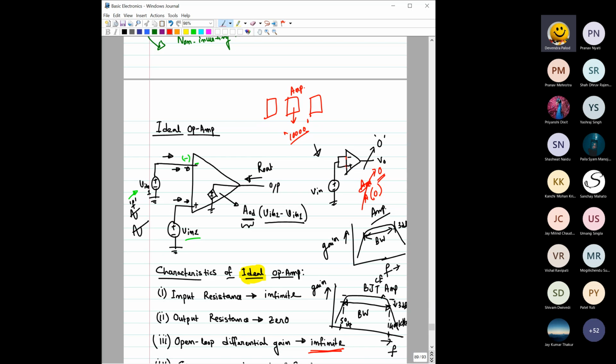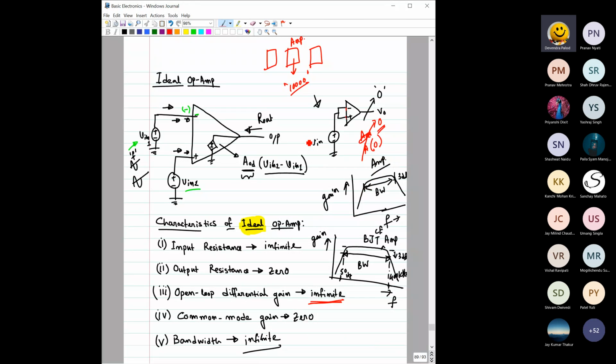It is the internal design because of which this gain is expected to be very high. Ideally we expect it to be an infinitely large number. But when you make it practically, you cannot really make it infinite; you can merely make a gain which is pretty high, but not infinite.